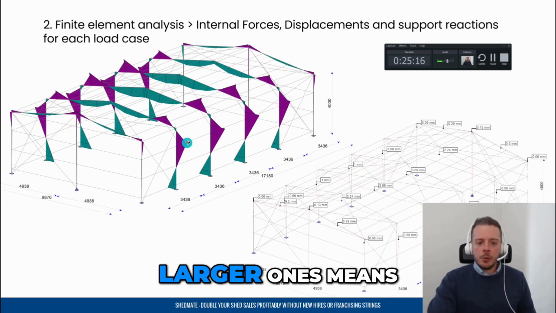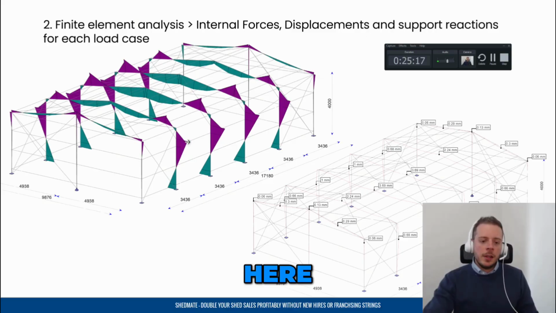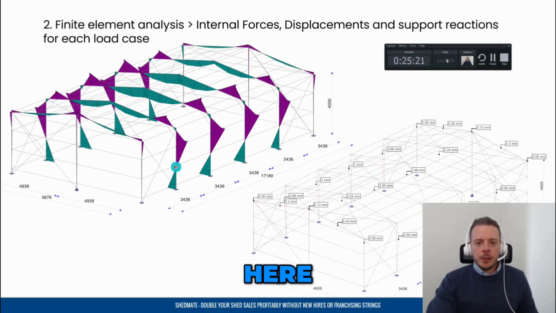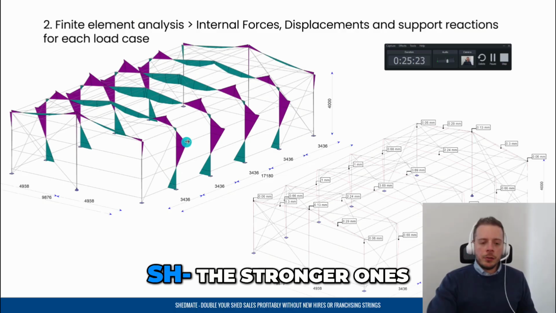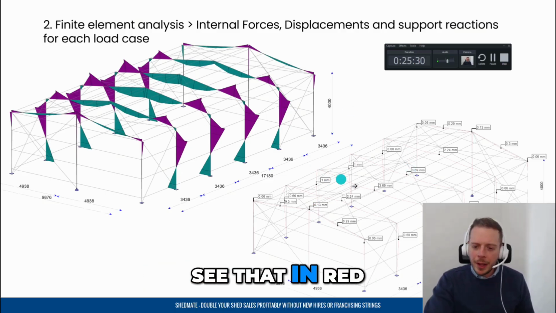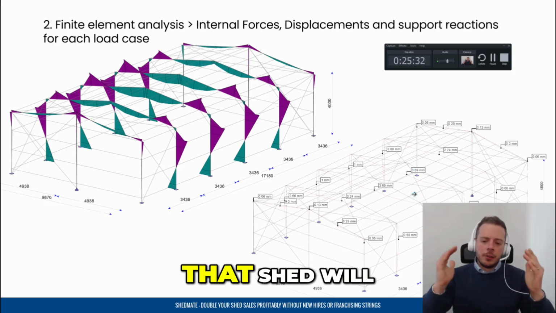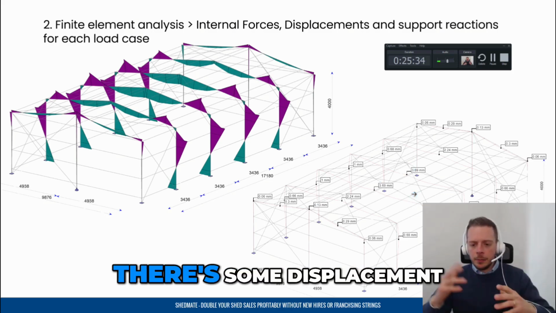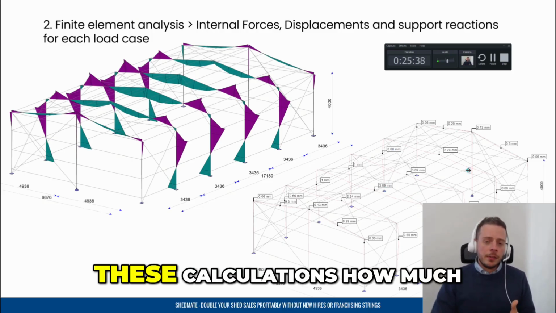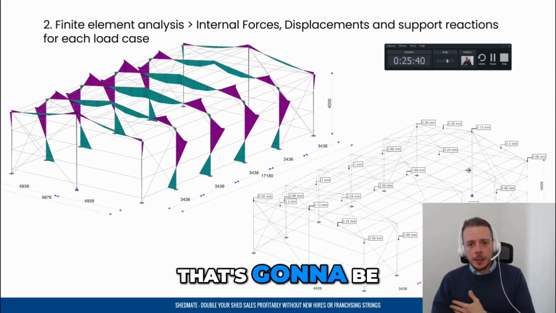So the larger ones mean there are more forces, and the smaller ones mean they're not very strong forces. So we'll calculate based on the stronger ones. And on the other side here, we have displacement. You can see that in red. So that shed will have some sagging, there's some displacement that will happen, and we can identify based on these calculations how much that's going to be.